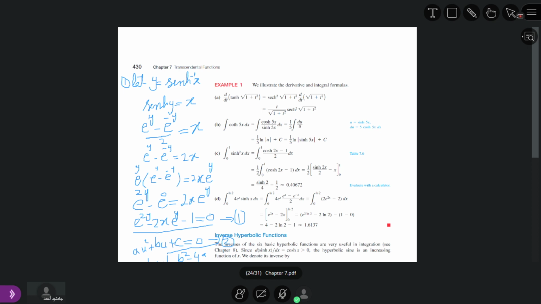So what is b? b is equal to minus 2x, plus minus square root of minus 2x whole square, minus 4ac. a is 1, c is also minus 1.